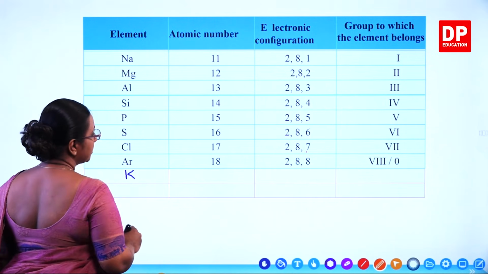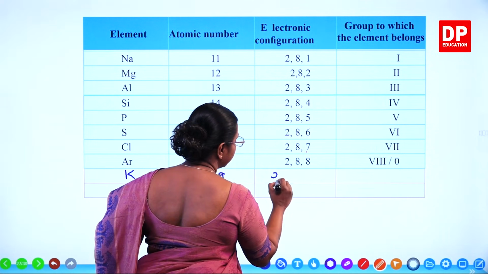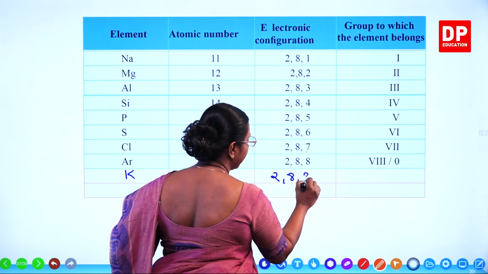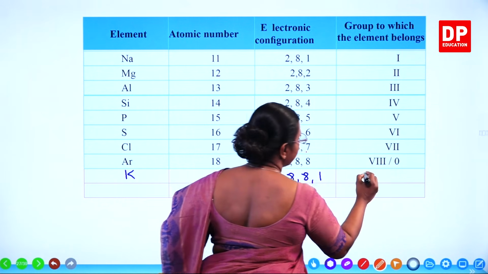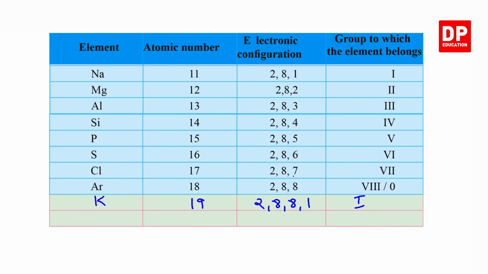If we write potassium here, atomic number 19, electronic configuration 2, 8, 8, 1. So it belongs to group 1. And the last element that you should remember, calcium, atomic number 20, electronic configuration 2, 8, 8, 2, and that will belong to group 2.